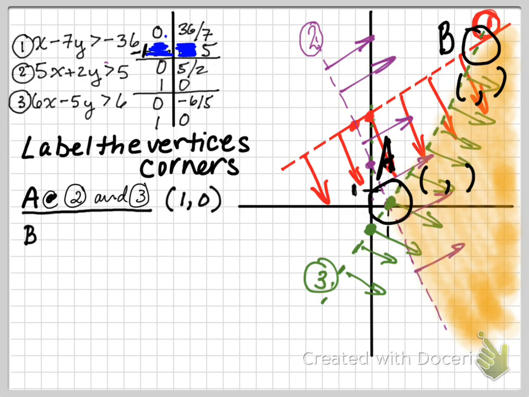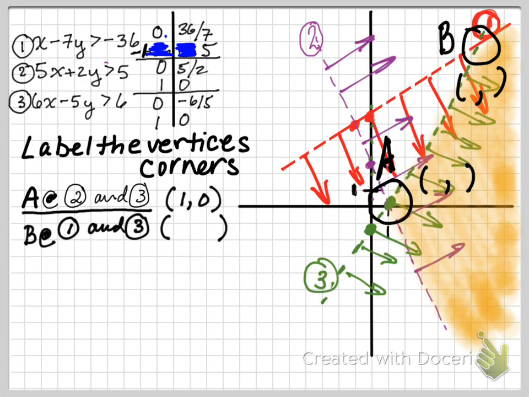And then the second one is B at, and look at what's intersecting up there: 1 and 3 are intersecting. We want the XY coordinates where those intersect.